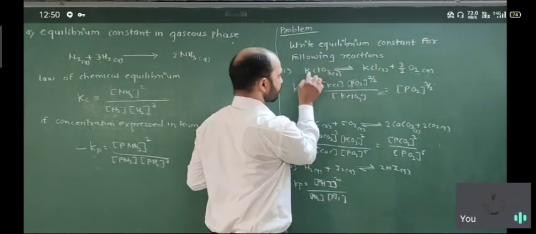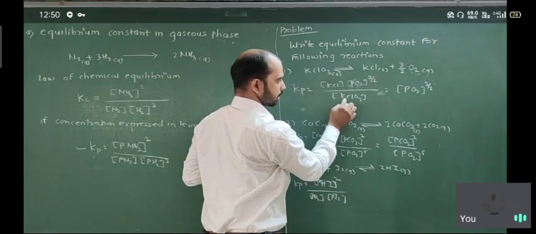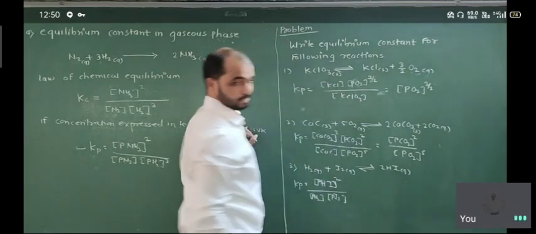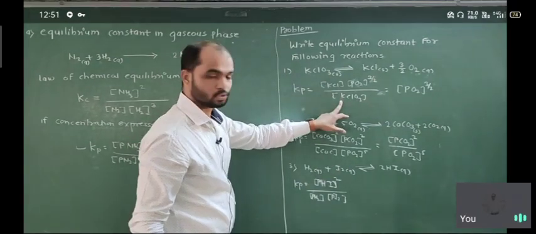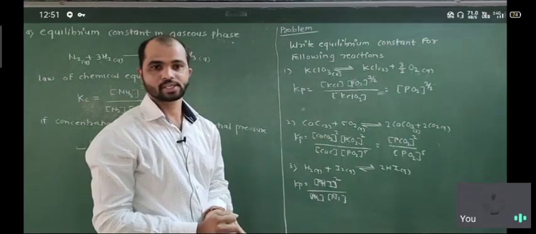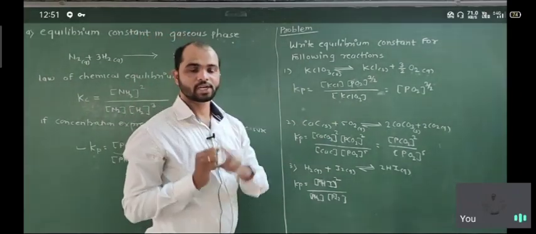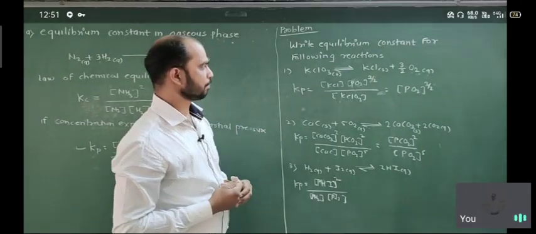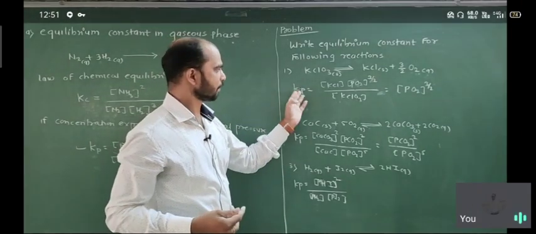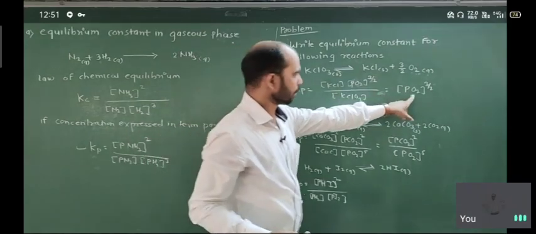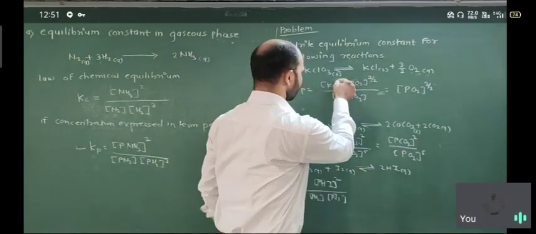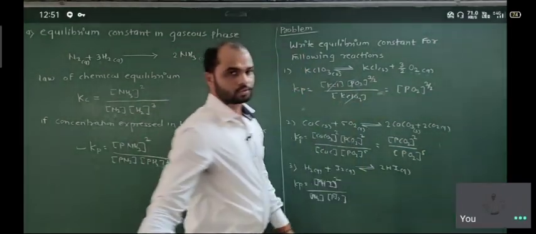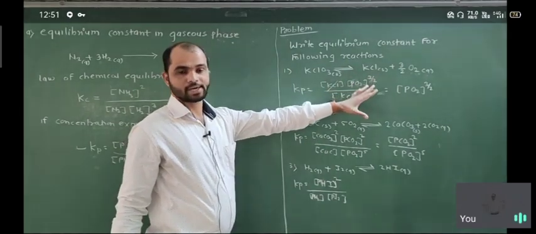Upon the reactant, here is KClO3, but KCl and KClO3 are present in a solid state, and Kp is only related to those species which are in a gaseous state. So here only O2 is in a gaseous state, so Kp is directly equal to PO2 to the power 3 by 2. So we neglect this one, and Kp is directly related.